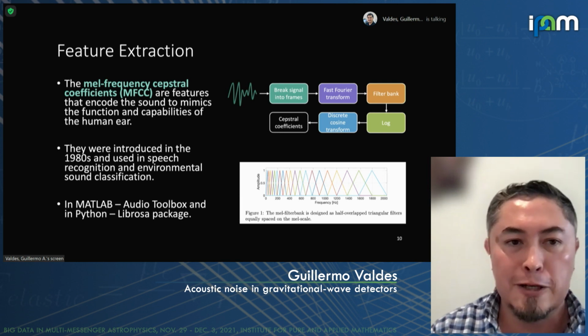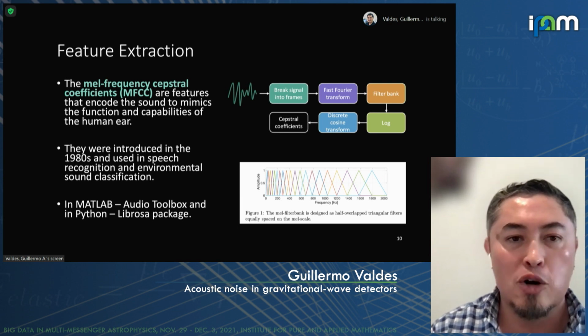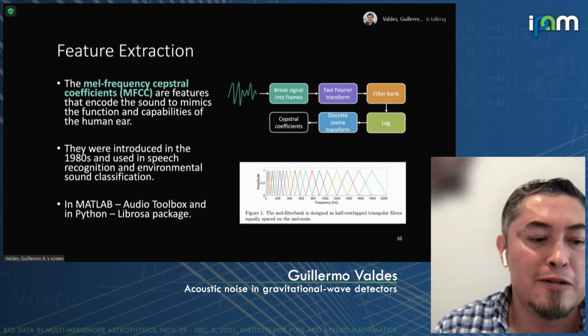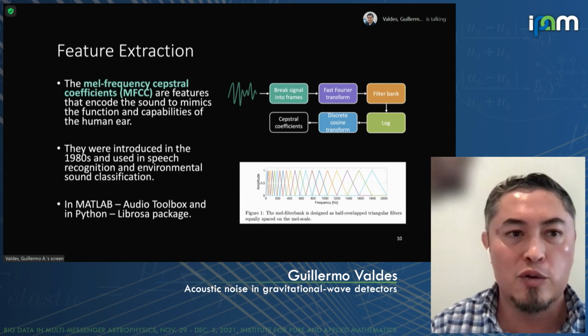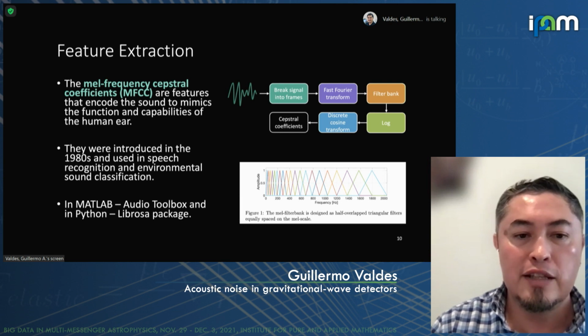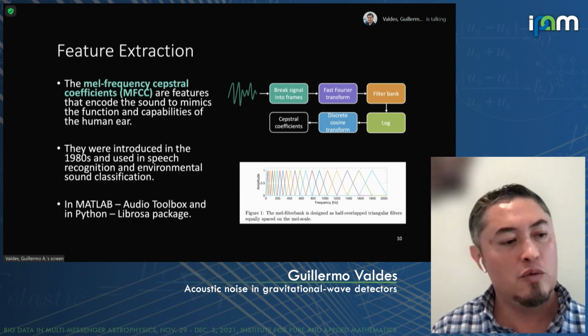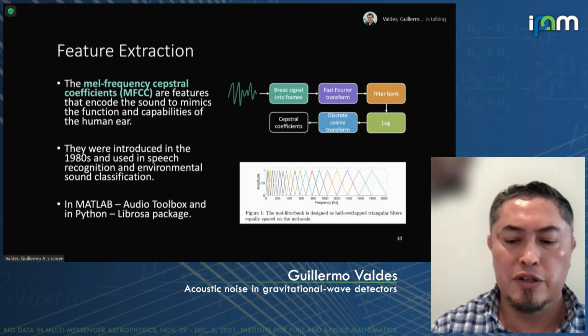But that's a very short explanation. At the end I have a couple of sources that I think are really good for understanding all these feature extraction techniques. So that's what we apply, and what we did was to get 13 mel frequencies for each one of these samples.